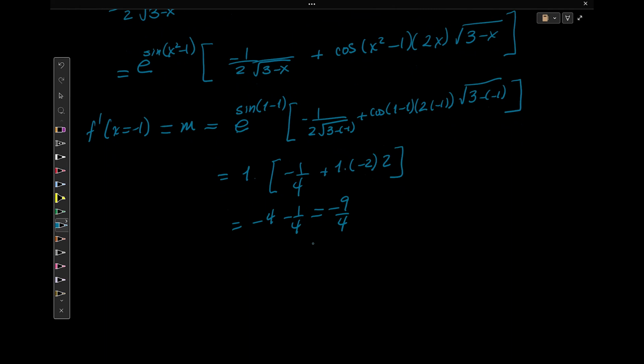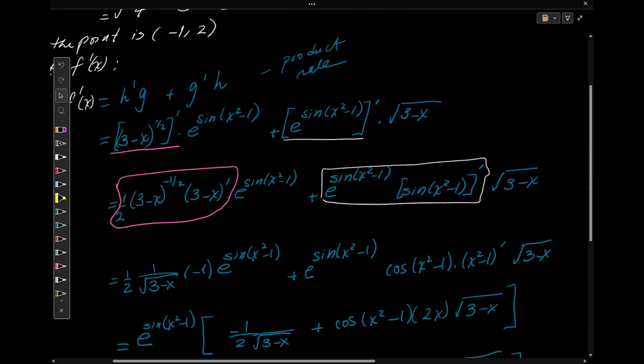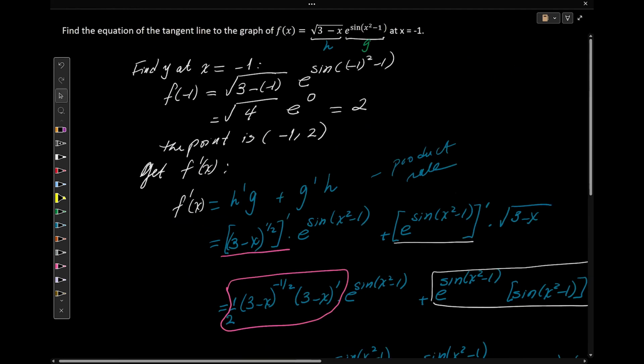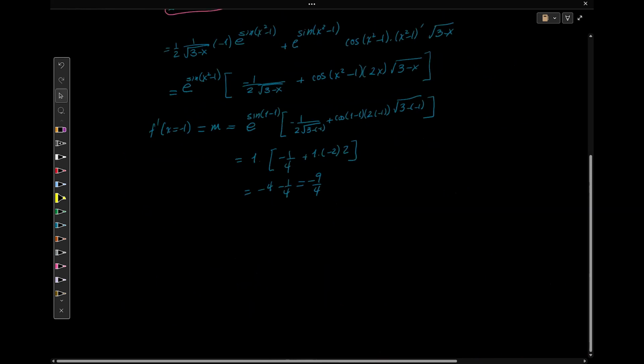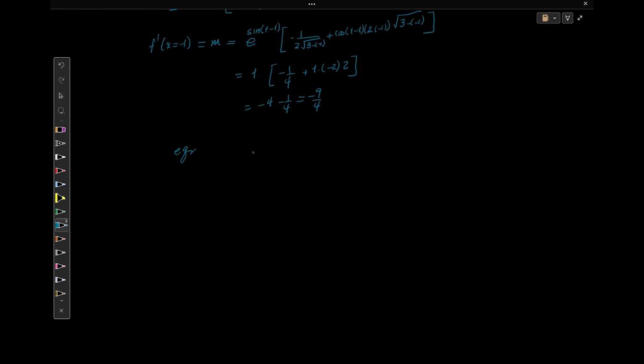Okay. So now I gotta get the equation of the tangent line using this slope and the point up here, negative 1, 2. All right. So let's go ahead and again the equation of the tangent line, y minus y0 equals m times x minus x0.